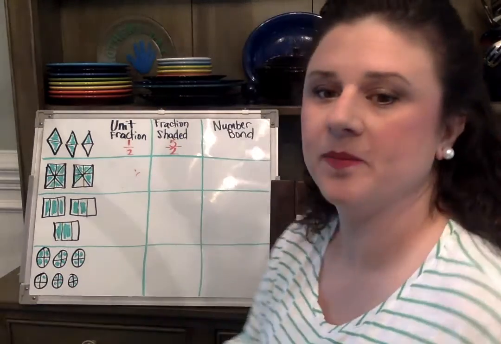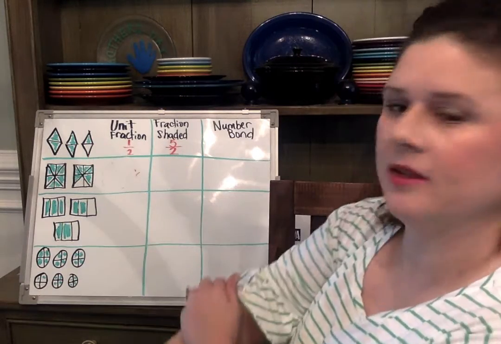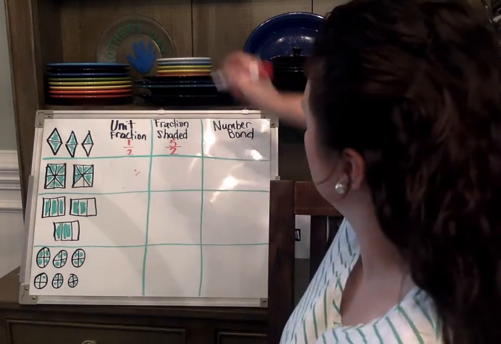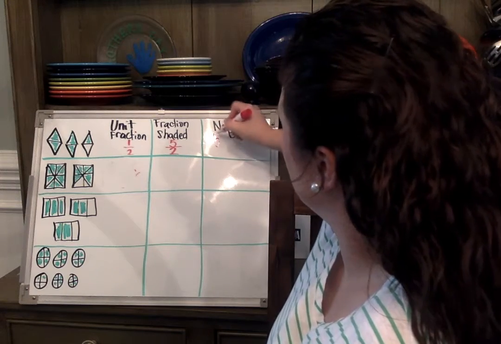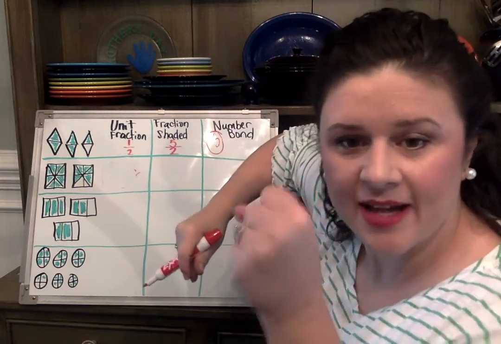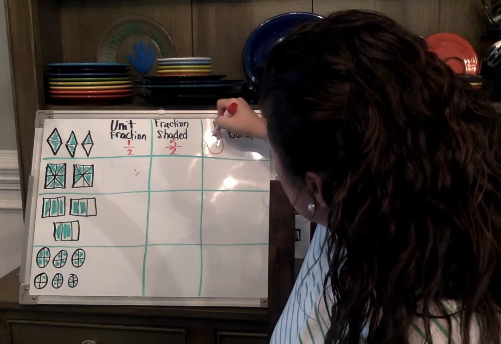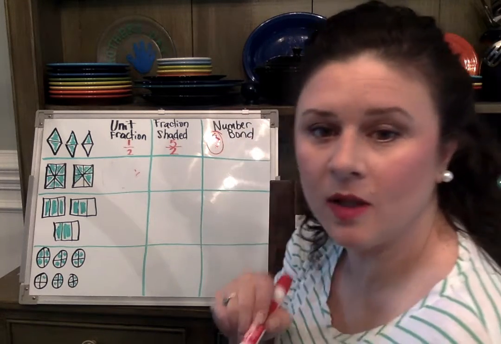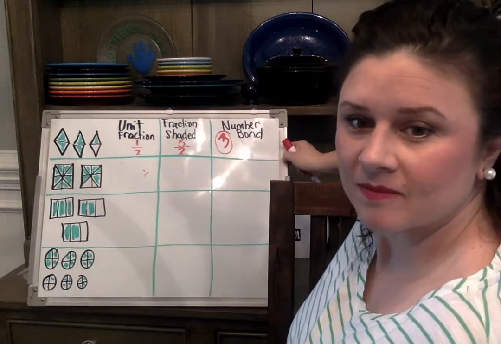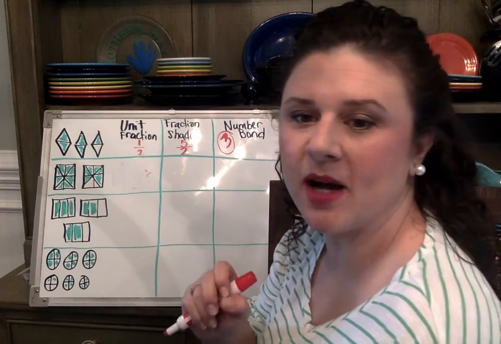But let's look now. How many parallelograms did we have? We had 3. That is my big number. 3 is my whole.